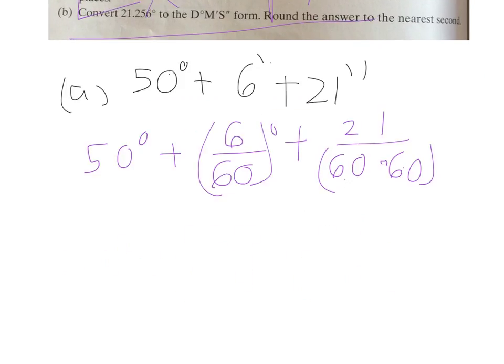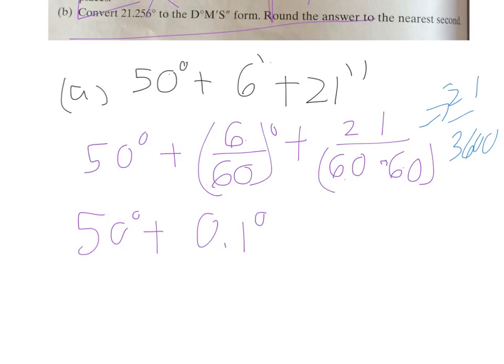So that would be 50 degrees plus 0.1 degrees, 6 over 60. Alright, 60 times 60 means this fraction would be 21 over 3600. So that means 21 over 3600 as a decimal would be approximately 0.0058.